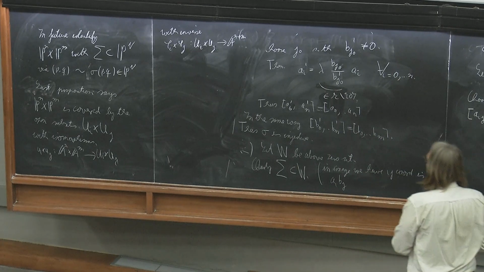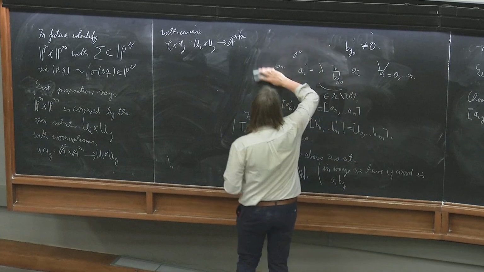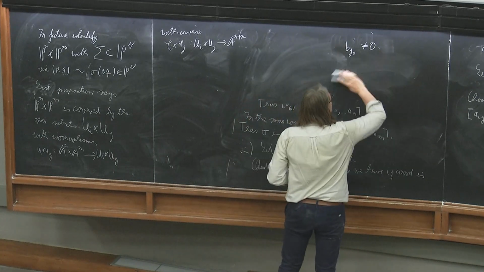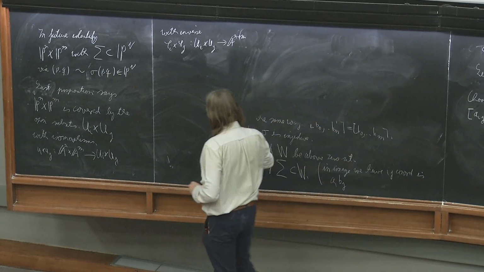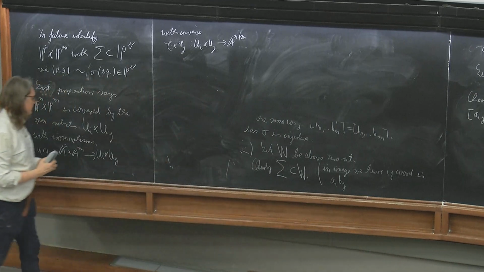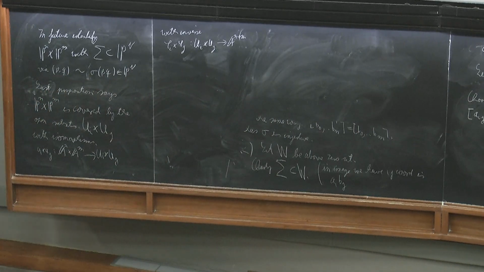Okay. So that means that this is obviously as one would expect. P^n has an open cover by these U_i's, P^m has an open cover by these U_j's, and now P^n times P^m has an open cover by the U_i times U_j.